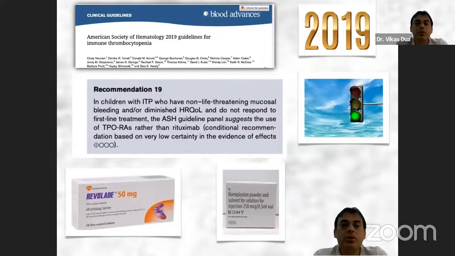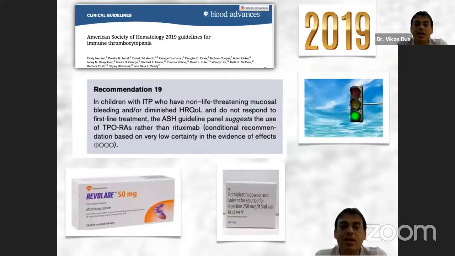The American Society of Hematology recommends that in children with ITP who have no life-threatening bleeding and who do not respond to first-line therapy, the ASH guideline panel suggests the use of a TPO agonist rather than rituximab.